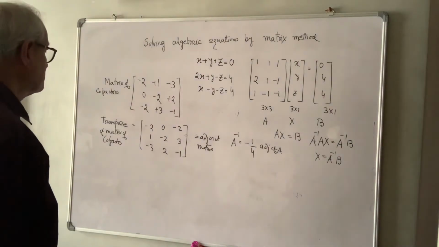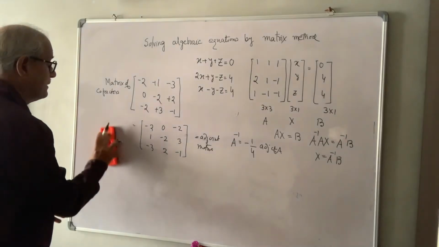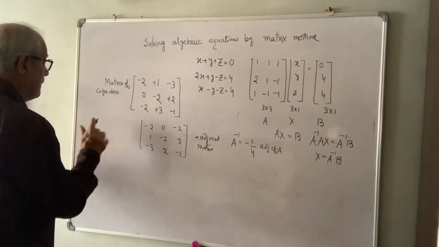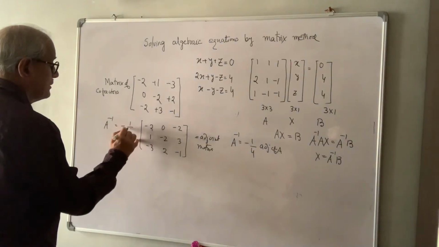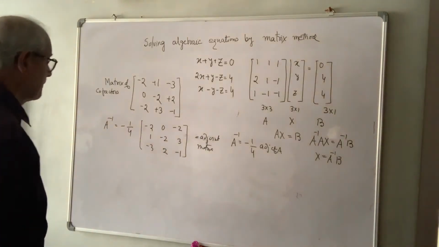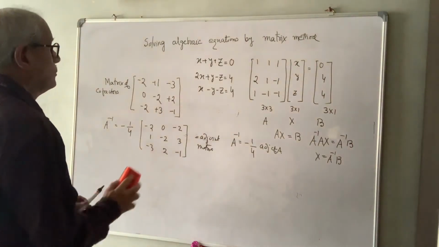So A inverse will be minus 1 by 4 times the adjoint.